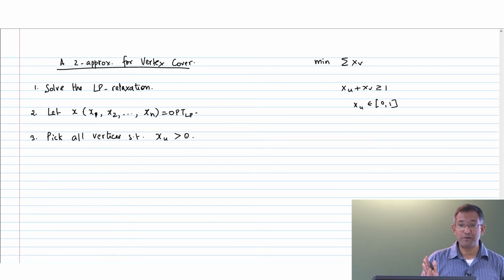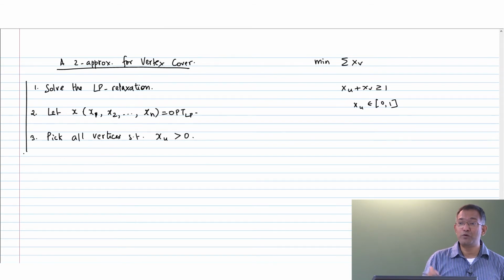It seems like a weird thing to do. This is the algorithm. The algorithm is just going to solve the linear program, and for every variable for which the LP gives you a value strictly more than 0, just take it.